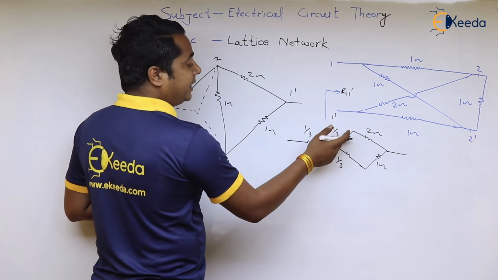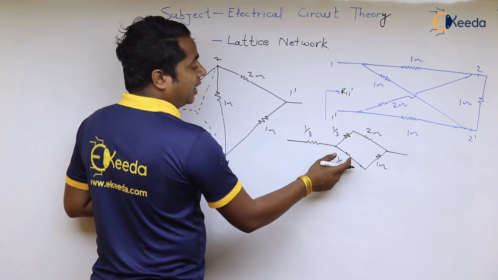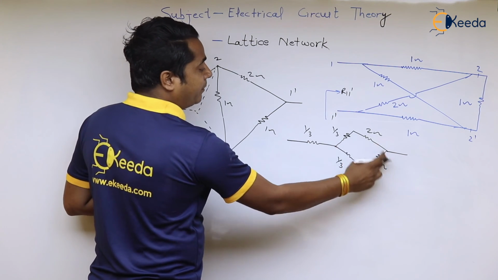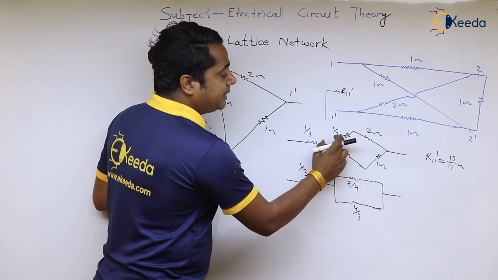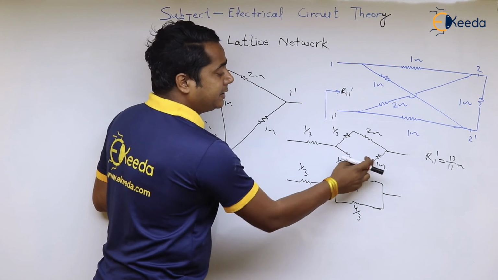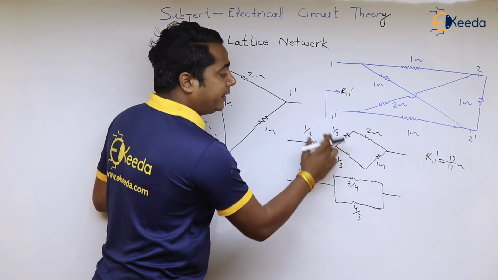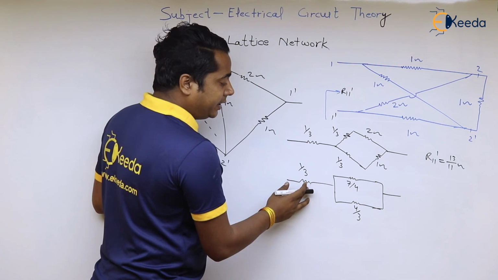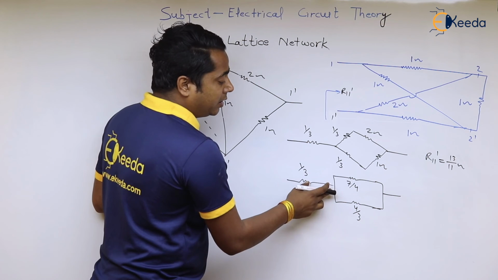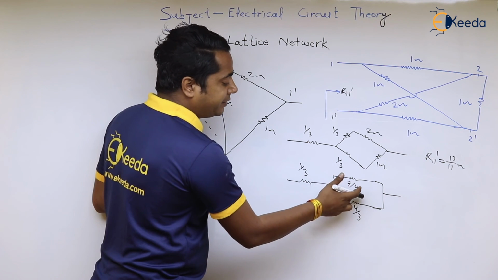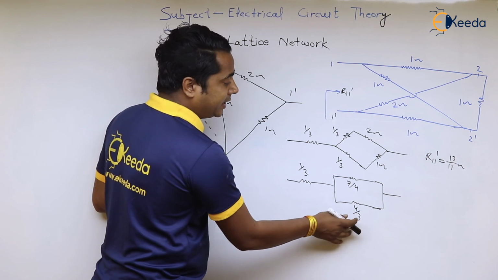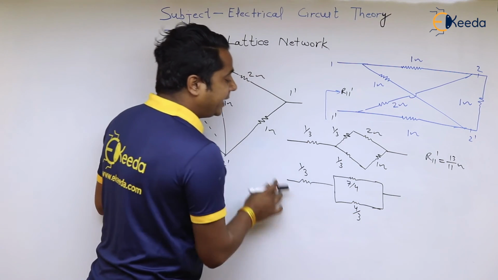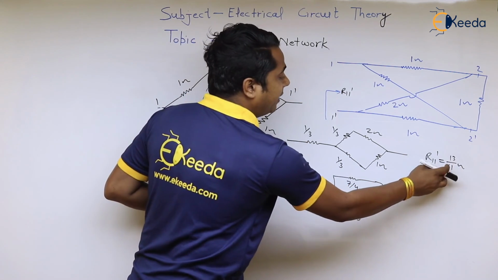We will add this and we will add this, and these will be in parallel. Here these are in series and these are in series, and combined these are in parallel. So here we can write 1 by 3 in series with the parallel combination of 7 by 4 and 4 by 3. While solving this, we get 13 by 11.